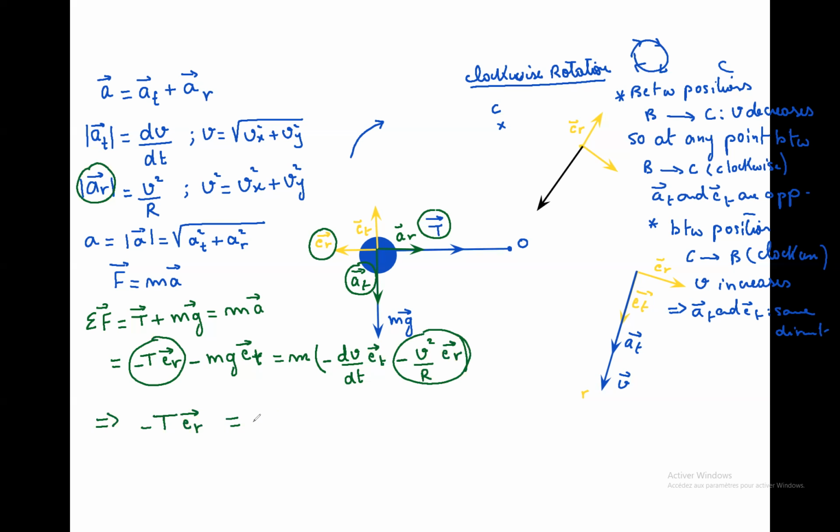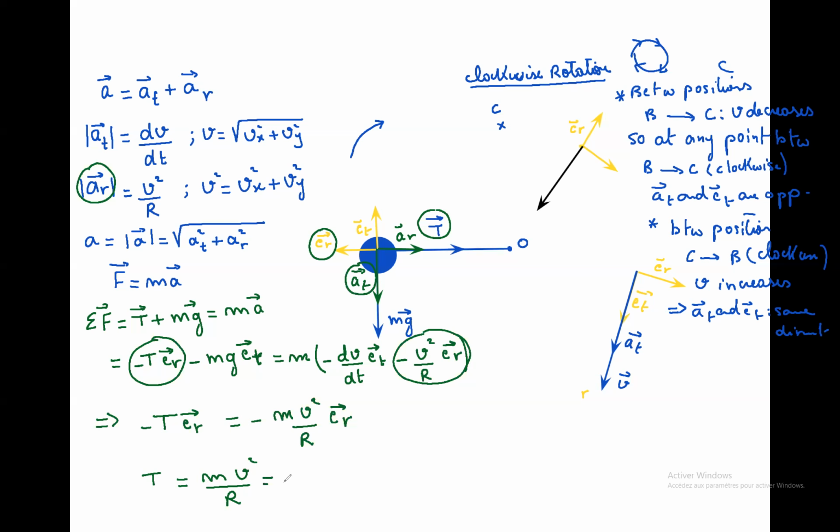So equal minus m v square divided by r er. You can write like this, or you can say, okay, you have here negative and negative. You can write T equal m v square divided by r. Okay, here, if you have T, you can calculate r. If you have r and v, you can calculate T as you like.